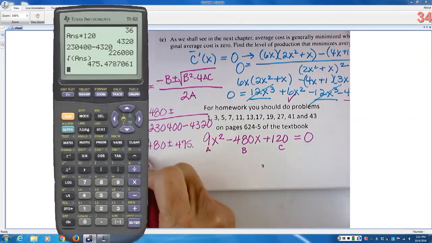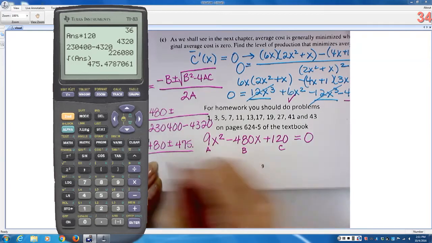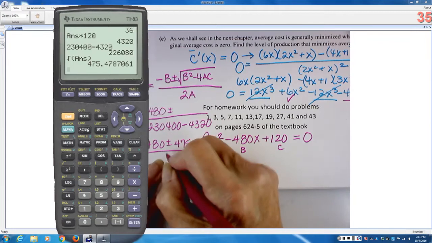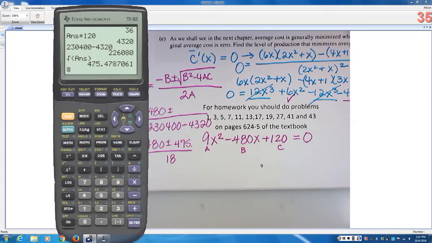And we're going to divide by 2 times a, which is 2 times 9 is 18. So 480 minus 475 divided by 18 says that would happen at about 0.28.